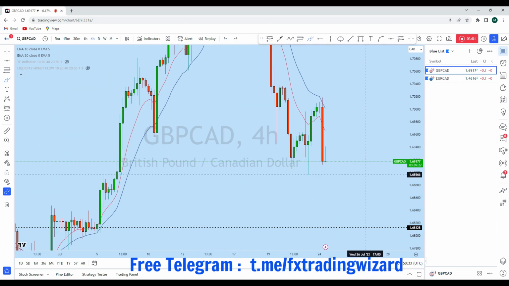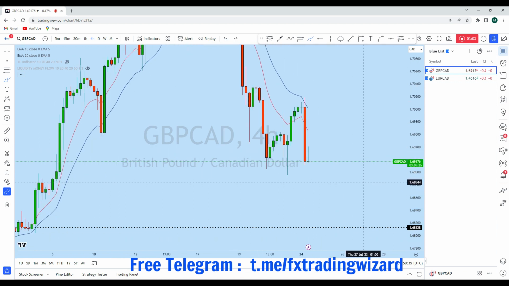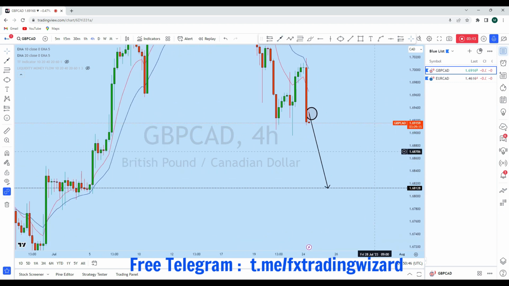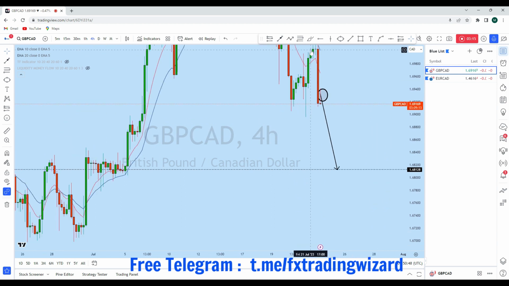As we like to add positions in a winning trade, if GBPCAD gives us another opportunity on the lower time frame for another short trade, we will consider going short on GBPCAD with a high probability trade setup with our students.